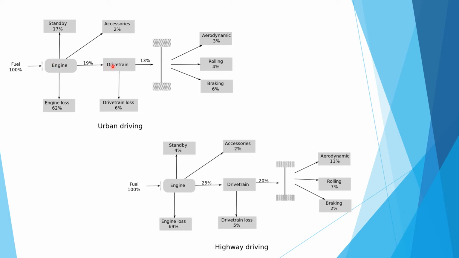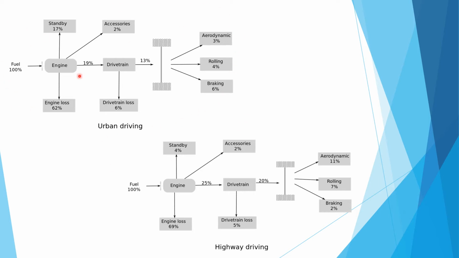The 19% at the drive line is divided into two parts: 13% goes to the wheel, and 6% is drivetrain loss. This 13% is divided into three parts: aerodynamics, which is 3%, rolling, which is 4%, and braking, which is 6%. So this is the urban driving mobile accessory. Second is the highway driving.